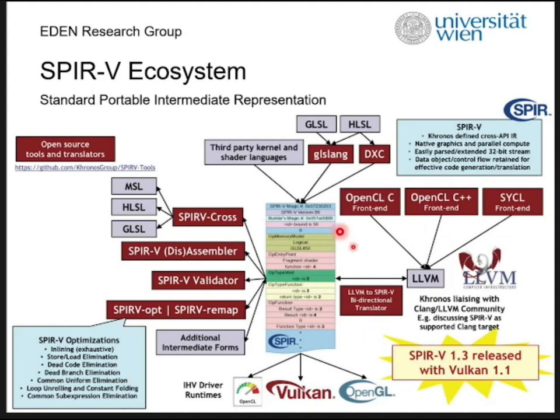There are cross compilers for Metal Shading Language, HLSL and GLSL, also turning these into SPIR-V, and so on. We have tools for disassembling, we have a validator, and so on. So this is really a big ecosystem providing tools for pretty much everything you can think of.